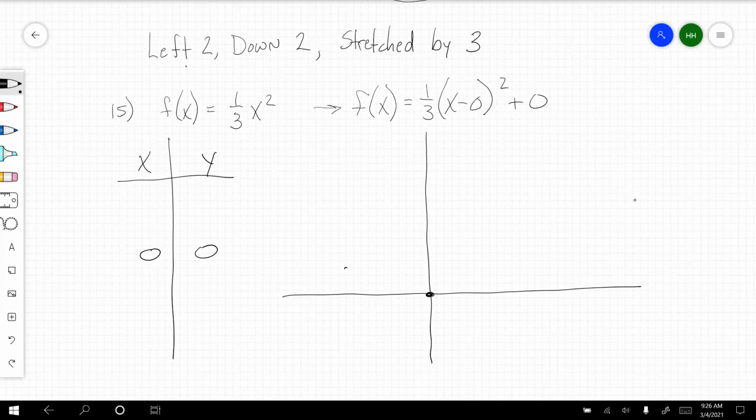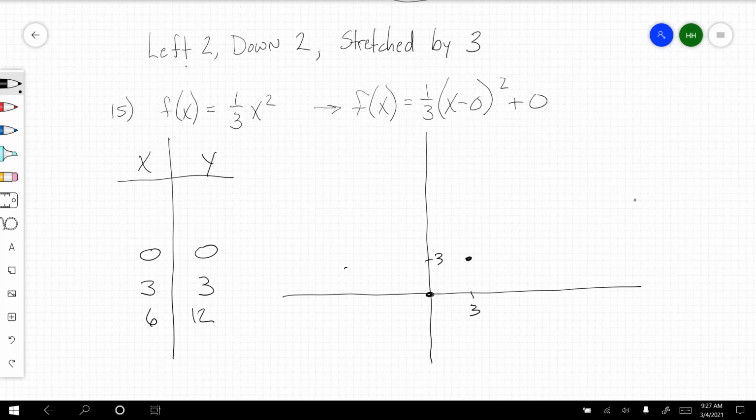(0, 0) is the vertex. We're going to pick a point to the right of the vertex, which is 3, and then another point to the right of the vertex. And remember we did some predicting. If we picked 3 as a point to the right of the vertex, 3 squared is 9, and 1/3 of 9 is 3. Okay? So (3, 3) is the next point on this parabola. And then 6 squared is 36, and 1/3 times 36 is 12.